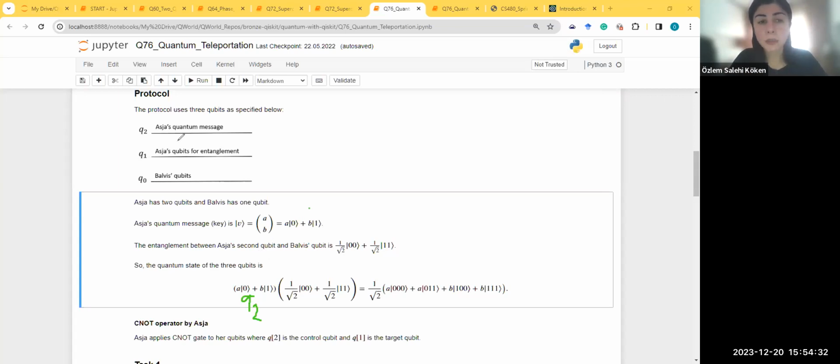Then Asya and Balvis share 2 qubits. They are entangled. Those Q1 and Q0 are entangled. Asya has Q1 and Balvis has Q0. But since this is entangled, I cannot separate the state. So overall, this is Q2 and this is the quantum state of Q1 and Q0. So those are the 3 qubits we have. Is it okay?